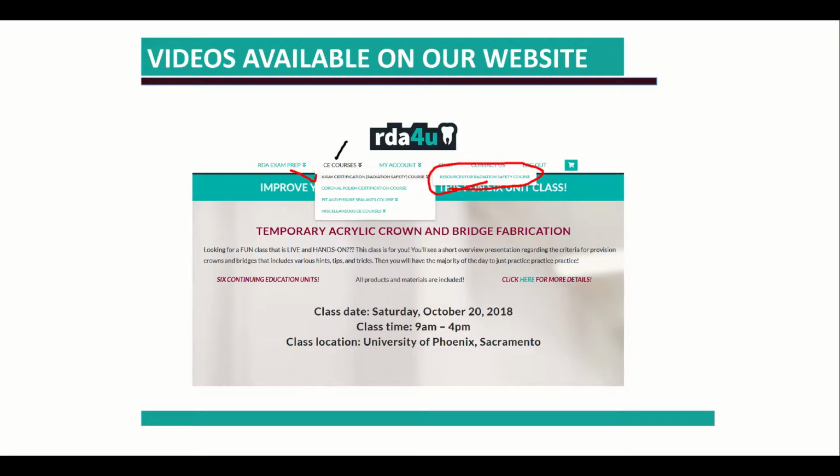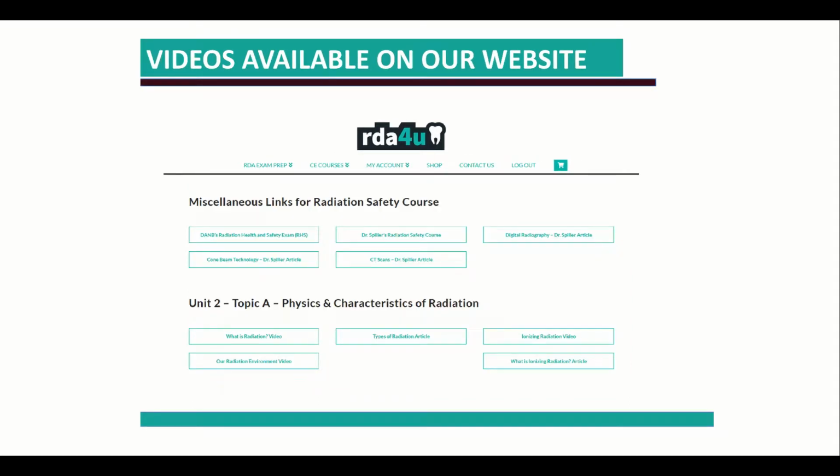Click on that, and then you will get a page that looks like this. I neglected in the first couple of podcasts to talk to you about this resource, and so there are some miscellaneous links here that you might want to take a look at prior to coming back to physics and characteristics, our Unit 2.